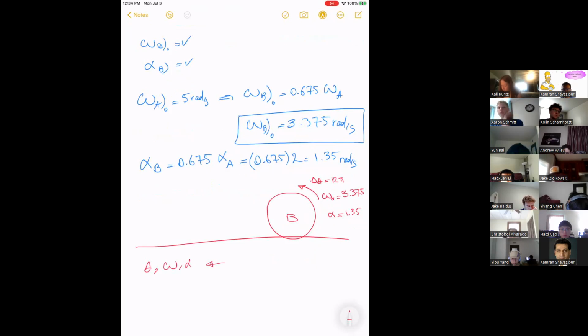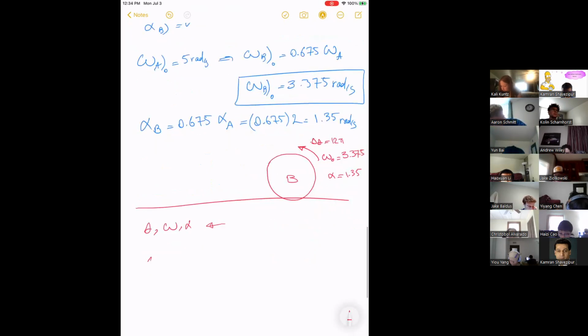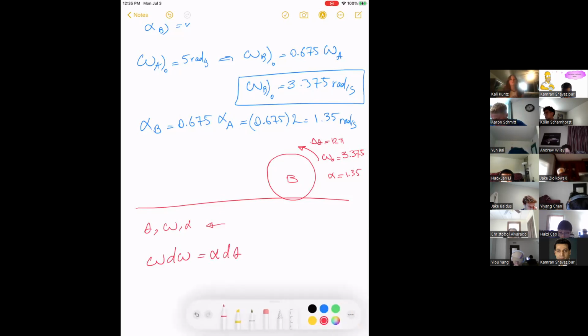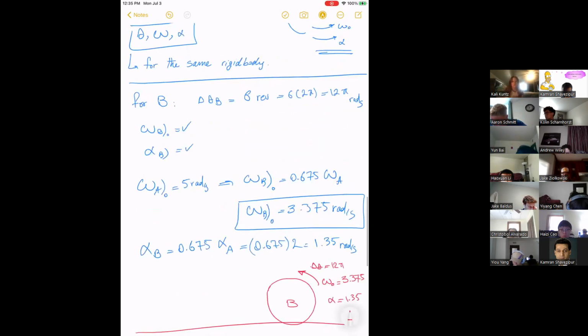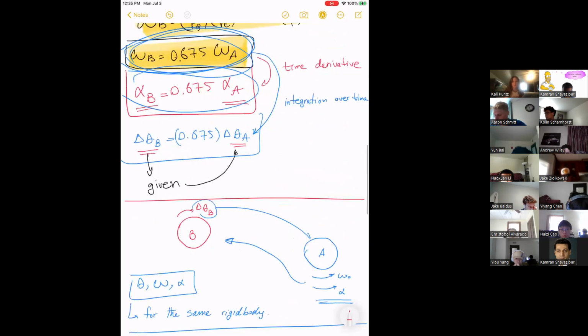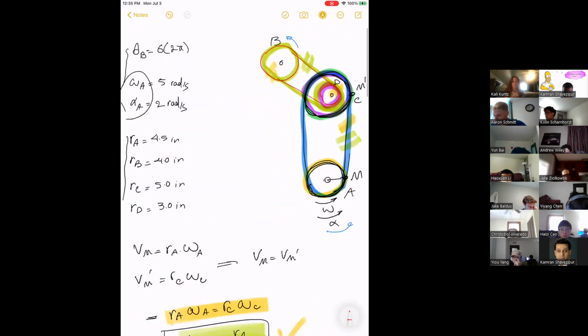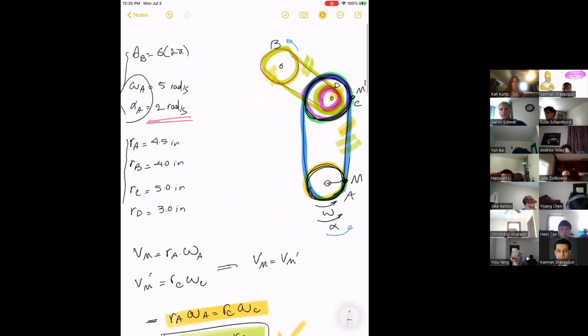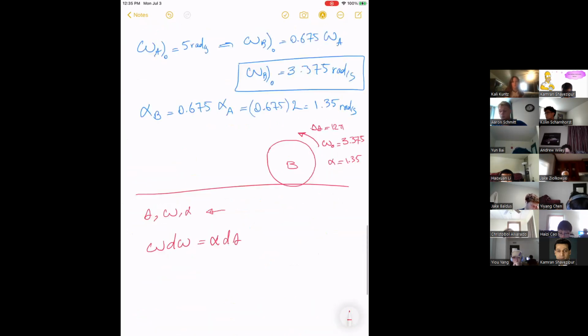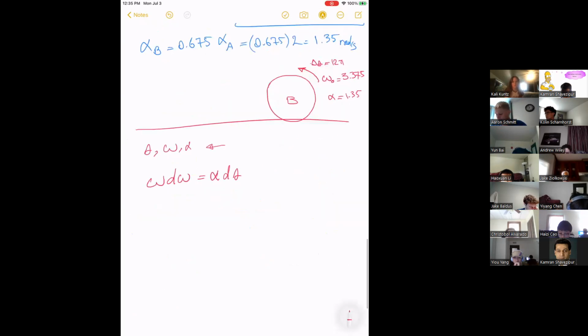If you go back to your slides, you're going to see omega d omega equals alpha d theta. And remember, alpha A, here, all the way on the top, alpha A is constant, right? So if it's constant, therefore, alpha B is also constant.